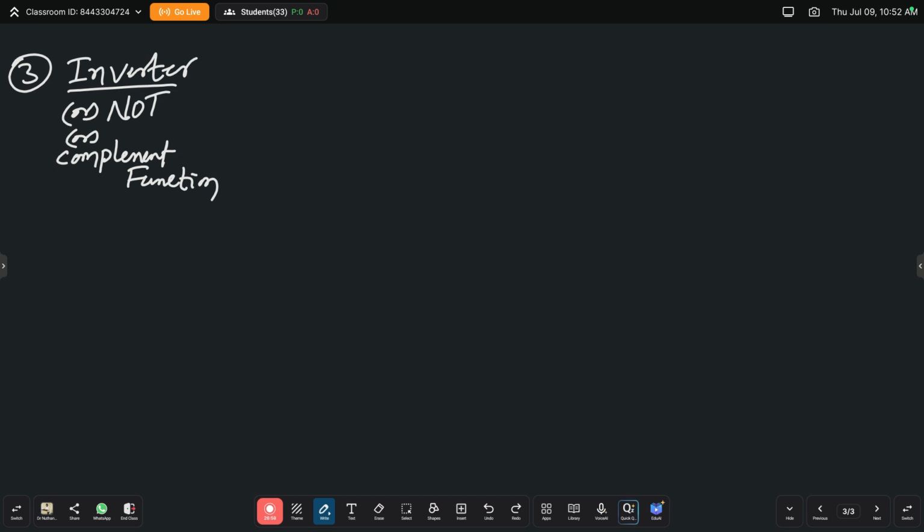Then what is the definition of the NOT gate? The inverse, the reverse of the input. If input is 1, output is 0. If input is 0, output is 1. Here only one input is considered. Yes or no? So the representation is like this.